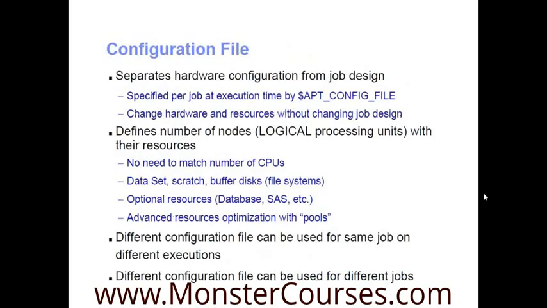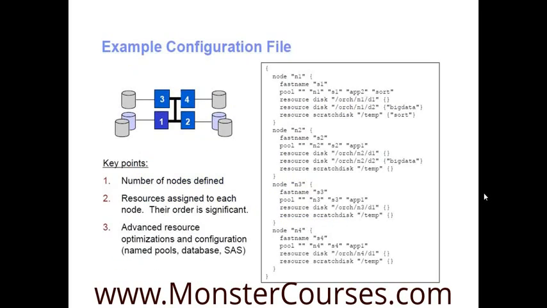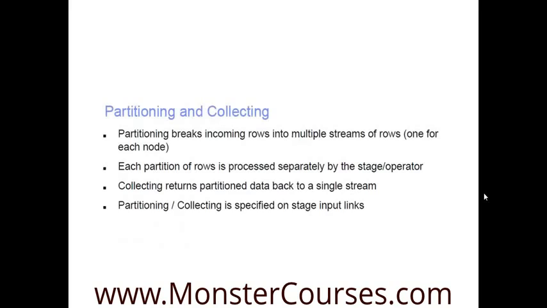Okay. Got it. I will explain about the partitioning. As I said, IBM provides us the partitioning algorithms and collecting algorithms. Partitioning is when we send the data from the source side to the transformer stage in different sets of partitions.